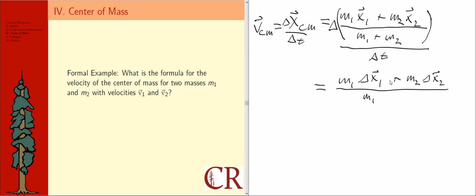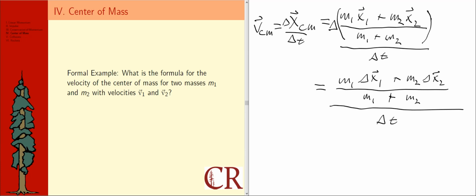We're thinking about just two objects that would have an x1 final and an x1 initial and an x2 final and x2 initial, and then we're talking about the change in this whole expression. If you did that really legitimately, you could slog through the algebra there. Anyway, we're still talking about that whole thing divided by delta t.